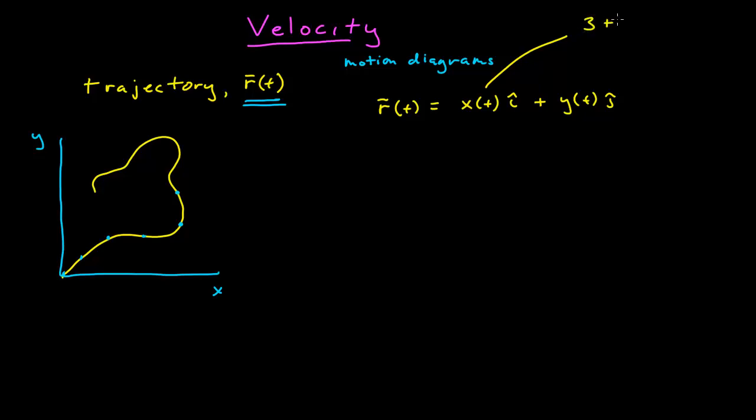I'll put 3 plus 5t cubed, say, and that's the x component function of time. And the y component function of time might be 2t plus 4e to the negative 7t. Again, I'm sort of making these up; they don't necessarily represent this graph, but they could be any functions of time. So once I have this, I can now define what the velocity is.